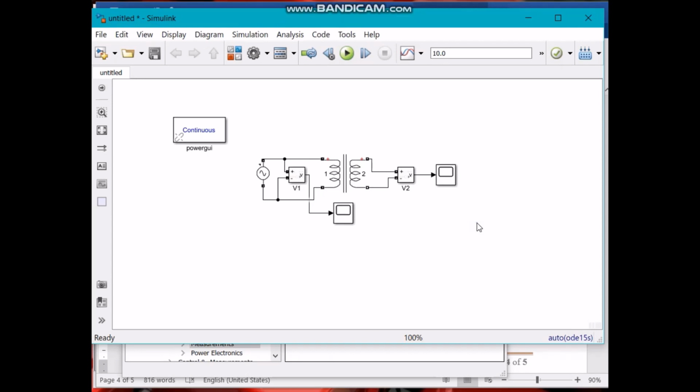Now the $1,000,000 question is, why do we do this polarity test and turn ratio test? Why do we have to do this? The answer is, in order for the parallel operation of transformers, we must know the polarity of the transformer and the turn ratio.